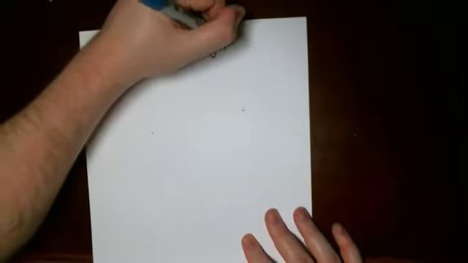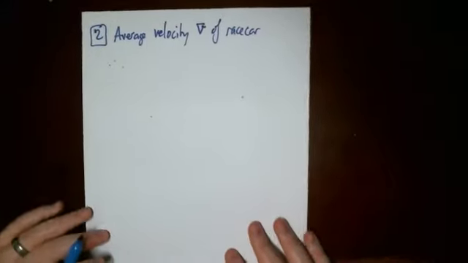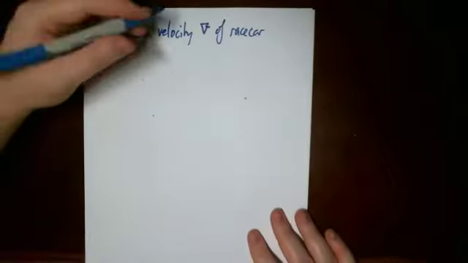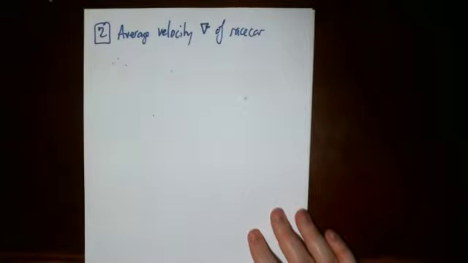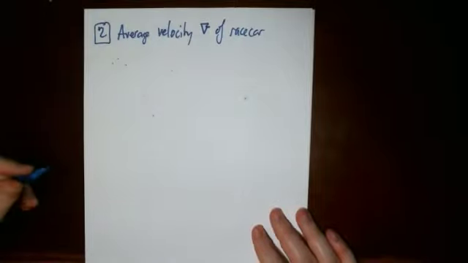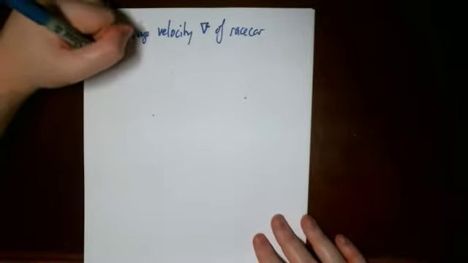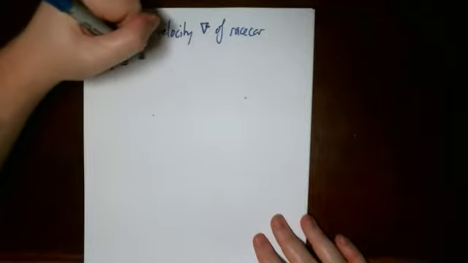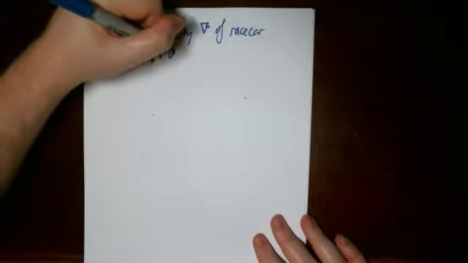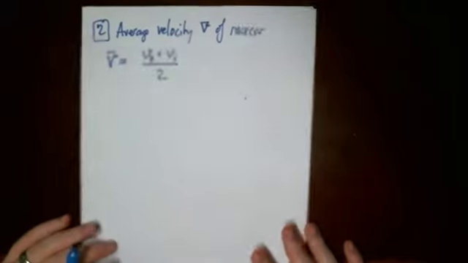All right, here's number 2. So we want to find the average velocity of the race car, and we're finding it in meters per second. Okay, so the average velocity, v bar, that's just a v with a bar over it, not a vector arrow. So we can call average velocity just the final velocity plus the initial velocity over 2.